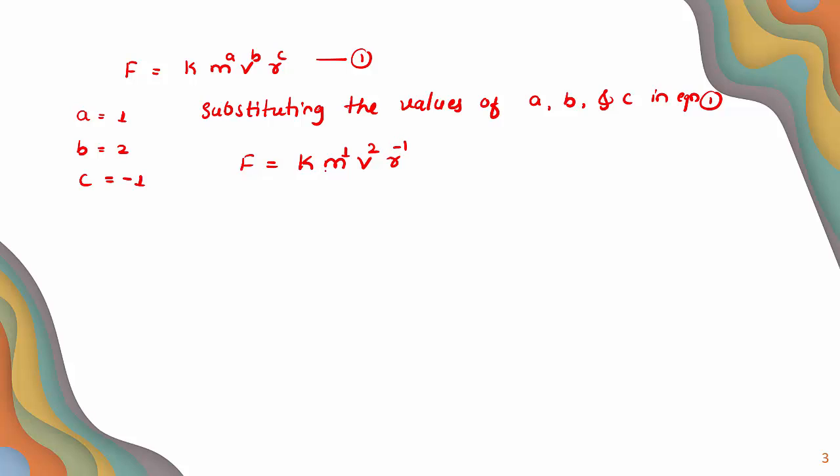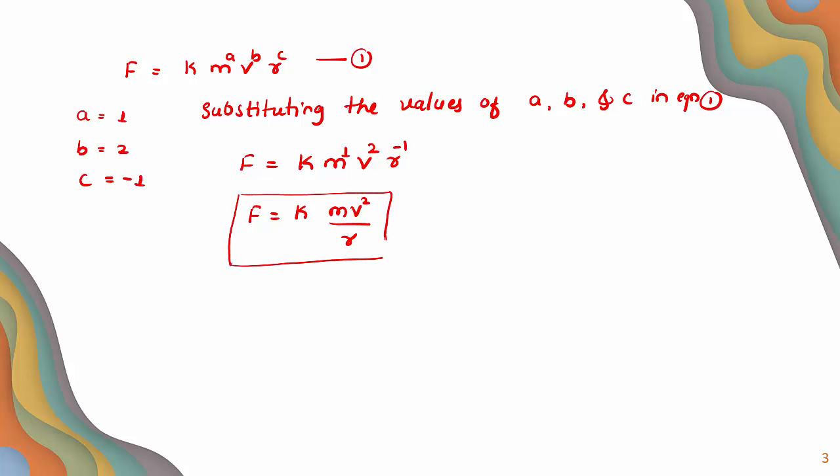So how much we got? k into m raised to 1, v raised to 2, r raised to minus 1. Or it can be written as F equal to k into mv square divided by r raised to minus 1, which can be written as divided by r. F equal to k into mv square divided by r.